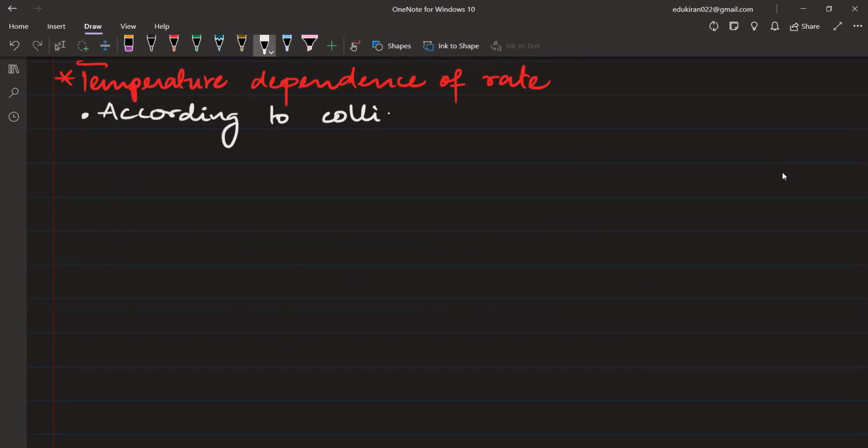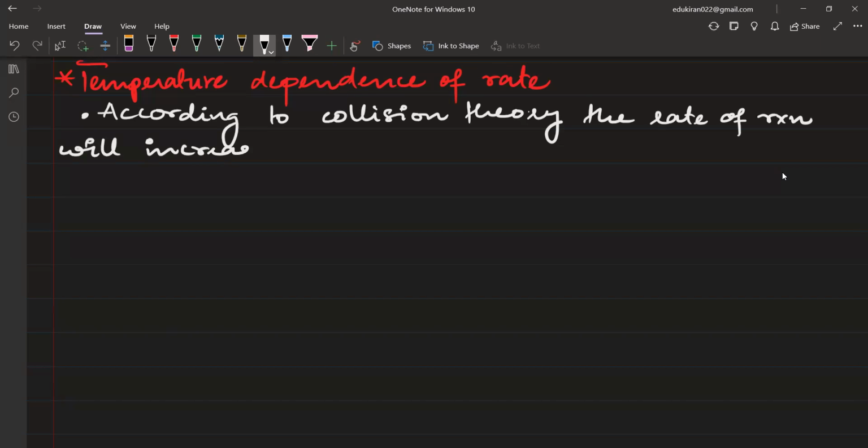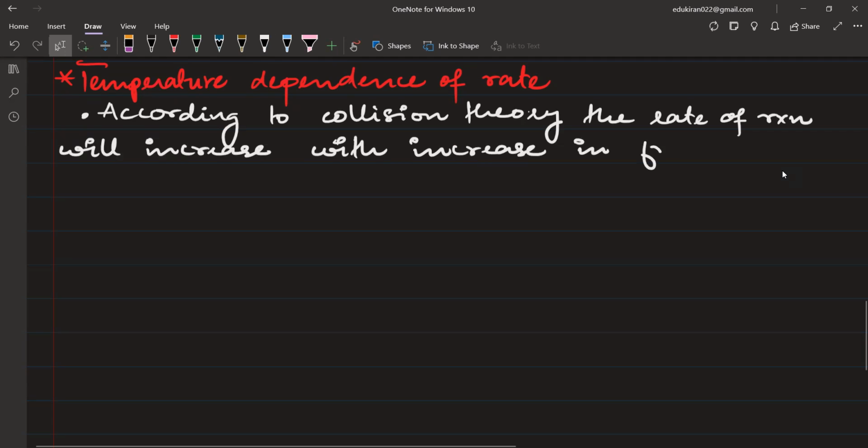According to collision theory, the rate of reaction will increase with increase in frequency of effective collision.